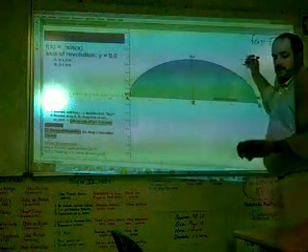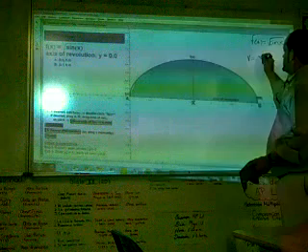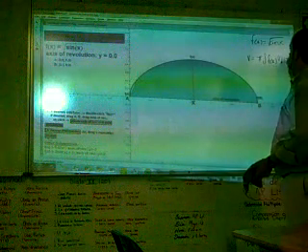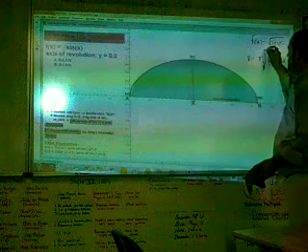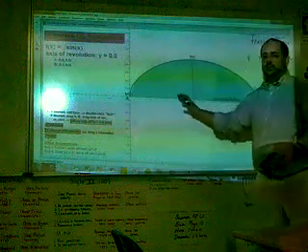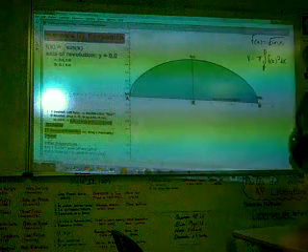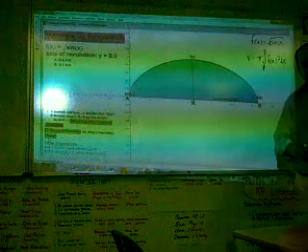Now, in order to do that, depending on your comfort level with the volume formula, you know that it is going to be pi times your function squared dx from our starting point to our ending point. Now, if you're not comfortable with that, let's take a moment and explain where this is coming from.